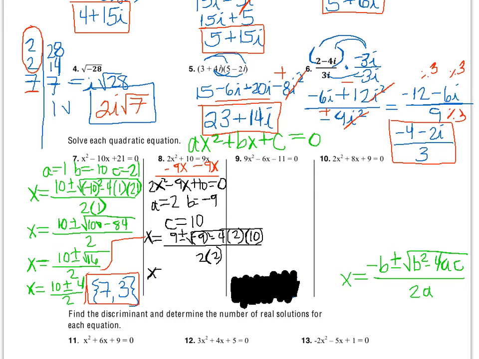All right, so simplifying, I get 9 plus or minus, and if you simplify all of it that's inside, negative 9 squared is 81, 4 times 2 is 8, 8 times 10 is 80, so 81 minus 80 is 1. So you're left with 1 in there, and 2 times 2 is 4.